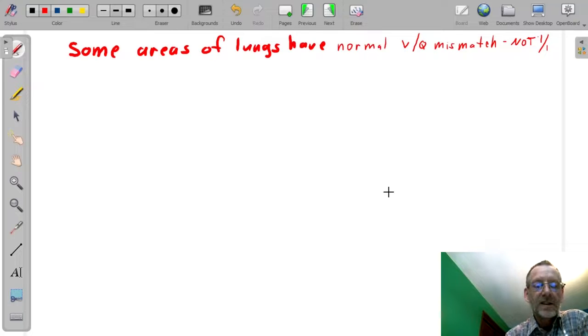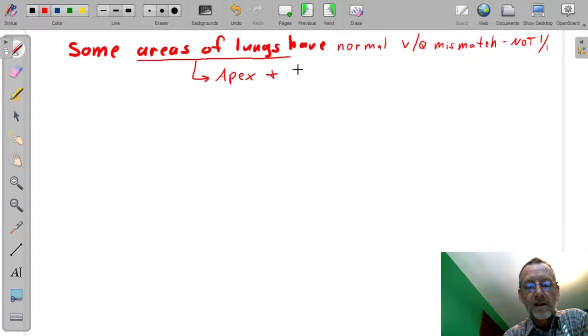And this occurs, some of these areas of the lung are at the apex and at the base, where you see areas of ventilation, perfusion, VQ mismatch.